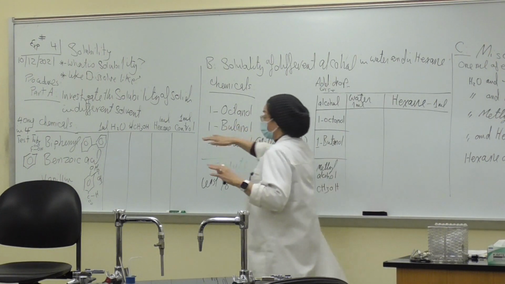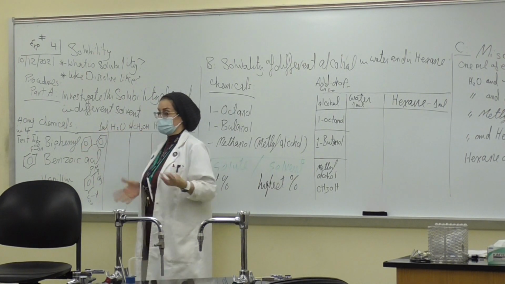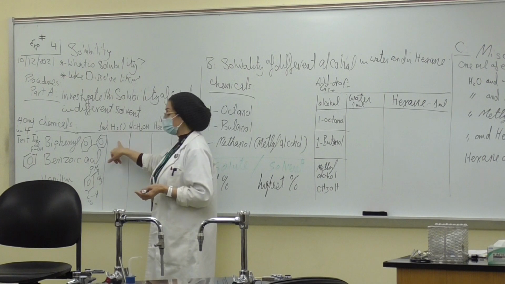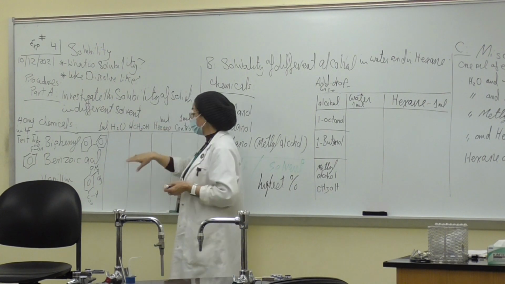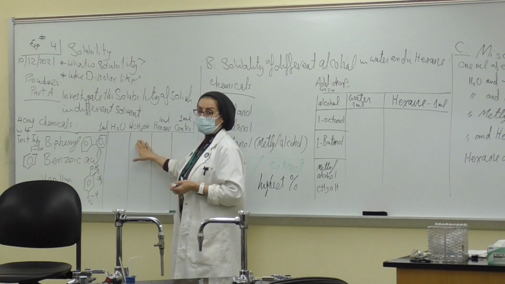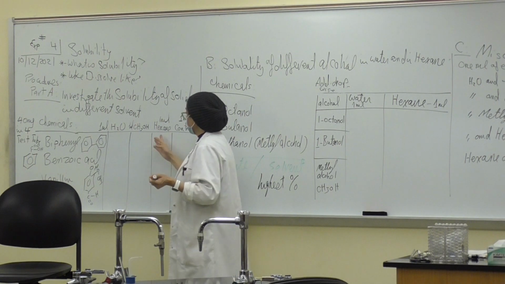So for each chemical, we need 4 test tubes. We measure 40 milligrams of, let's say, the first chemical, which is biphenyl. We add 1 ml of the water to the first tube. The second one, 1 milliliter of methanol. This is alcohol and it is polar. Then we have hexane.